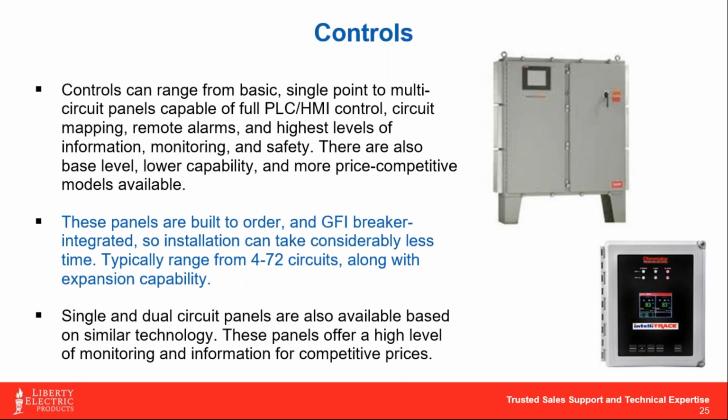In the bottom right-hand corner, we've got an example of a digital 1-2 circuit type of controller, where these give you a lot of the features and benefits of the larger fully integrated panels, with the exception of the breakers. You're not going to find breaker integration usually in these smaller panels, but they will handle the GFI code requirement.